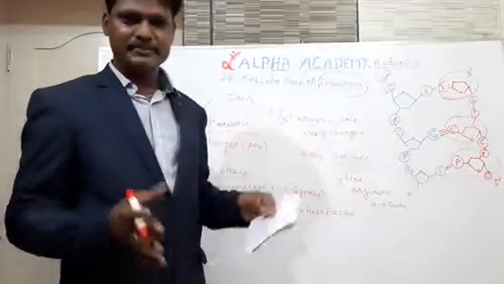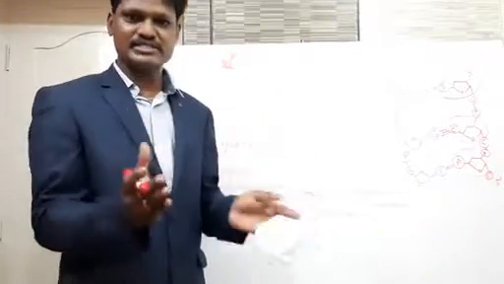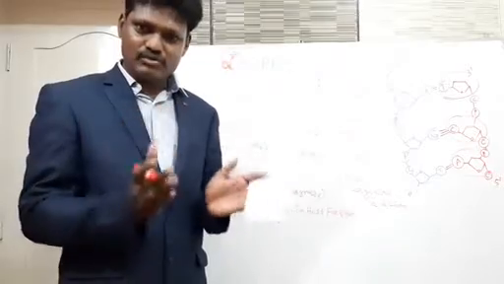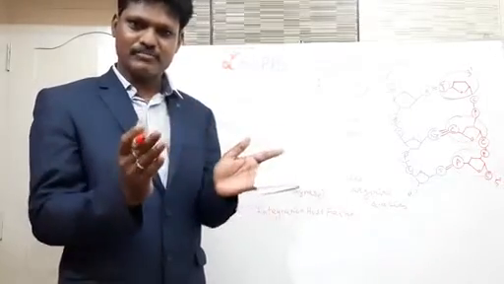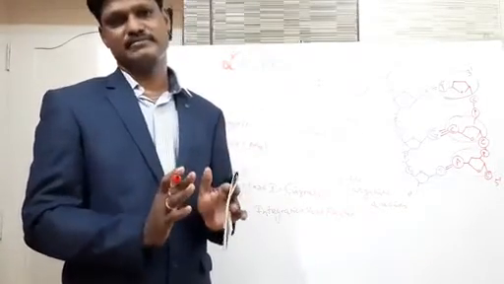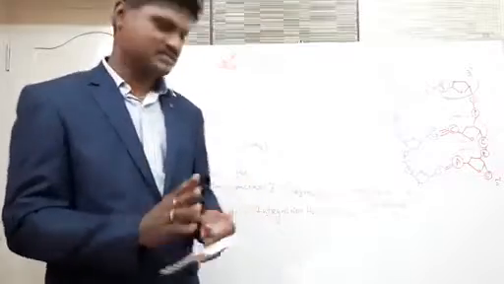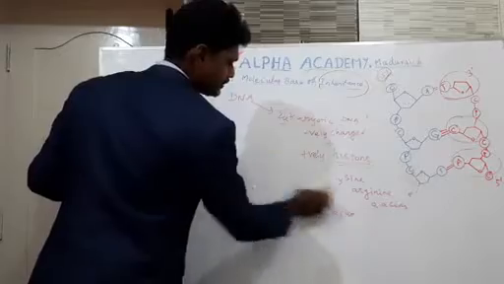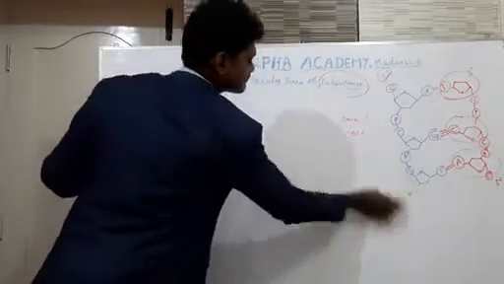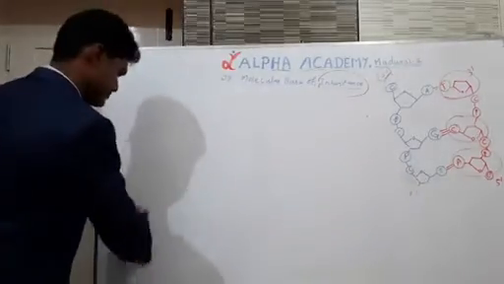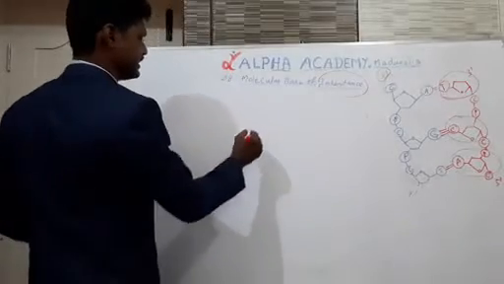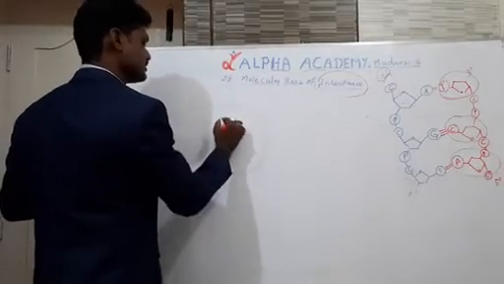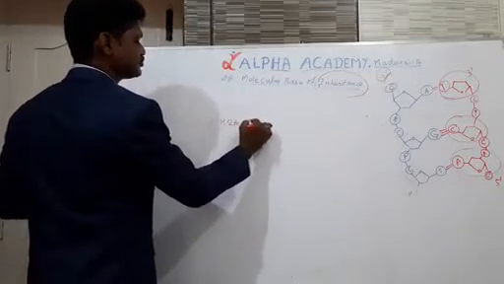Okay, now histone, it is organized to form an octamer with 8 histone subunits. Okay, so now we are looking at eukaryotic DNA. In this eukaryotic DNA, 8 histone octamer. What are the 8 types?